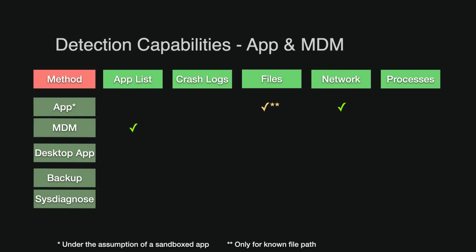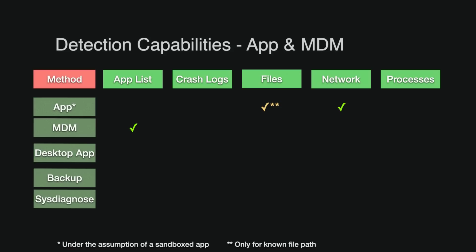The only thing you can reliably do is check if there is a specific file at a specific file path, if you know the exact fully qualified path of that file. If you don't know that, so let's say there is a malware running from private var temp and it's called file 1, and this changes to file 2, you're lost. You don't have a way of detecting that anymore because you are not able to get a full listing of all the files.